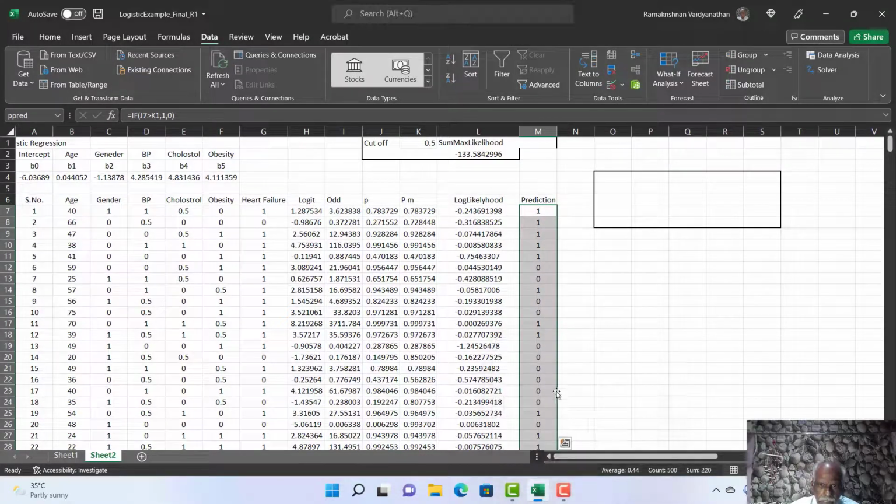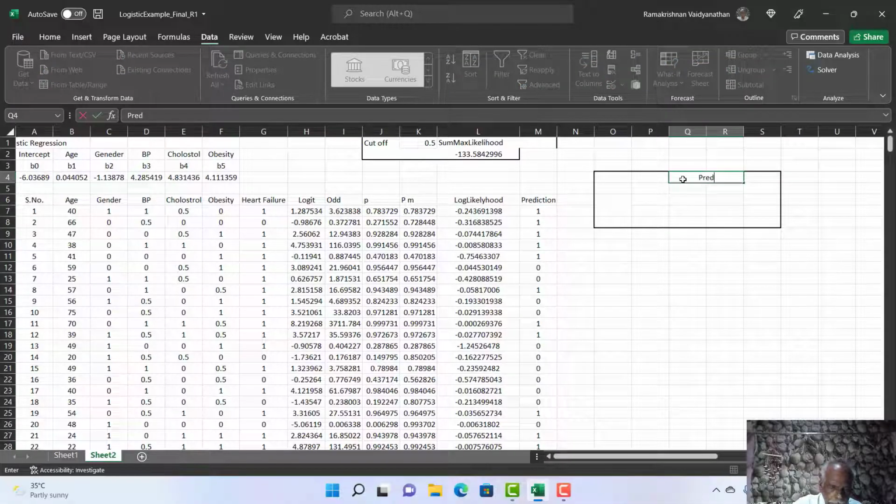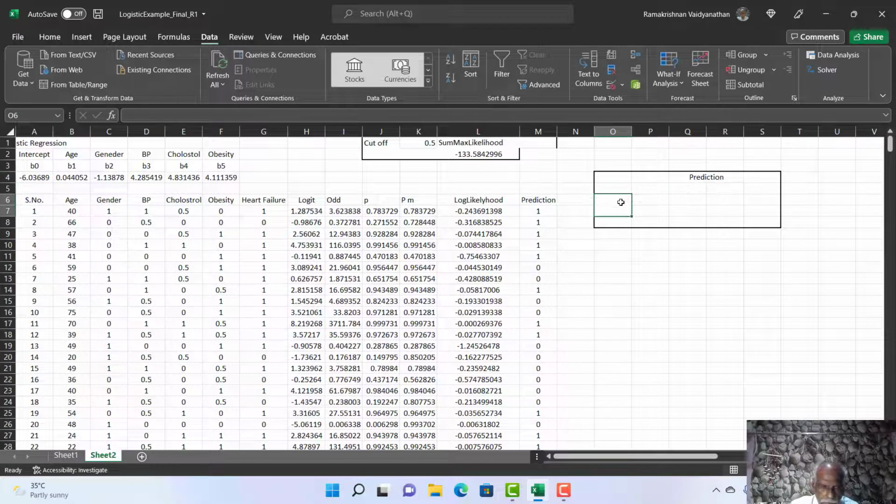It is already given. So now I will write prediction here, and then here I will give actual, and then I will make it as 0. Very important here, you put 0 first and then 1 next. Don't interchange it, because then it will be difficult for you to follow, and you will have to redo it by yourself, right?